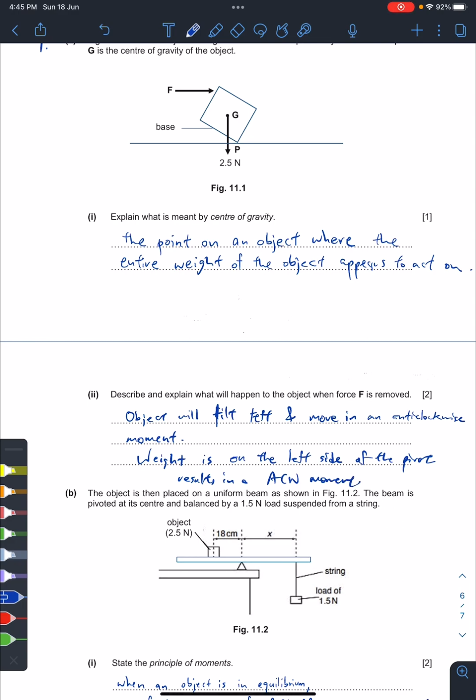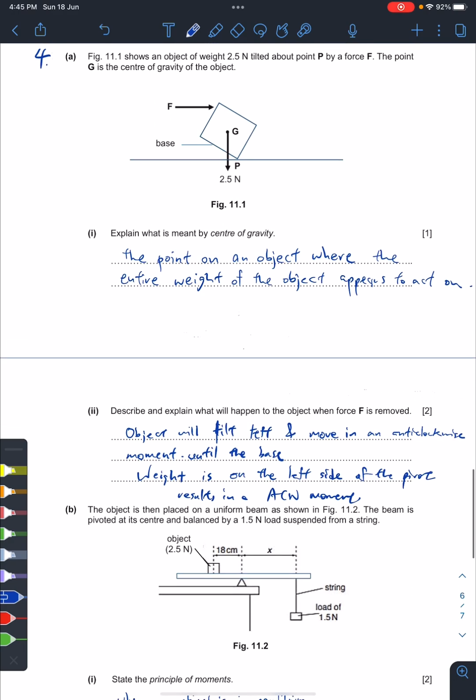So yes, you tilt and move until the base touches the, I guess, a table or the surface. You eventually end up as this. Oops.